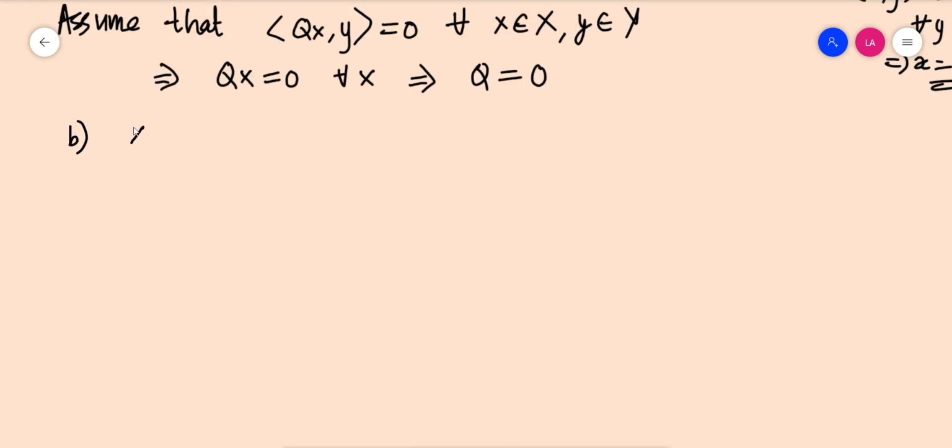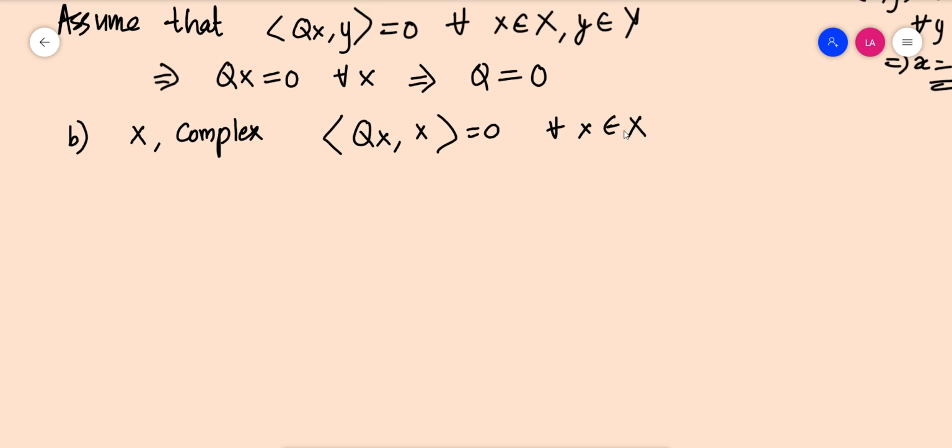In the second part, we have to assume that X is complex and <Qx, x> is equal to 0 for all x element of X. Now consider a v. V is of the form alpha x plus y, where x, y element of X and alpha is complex.